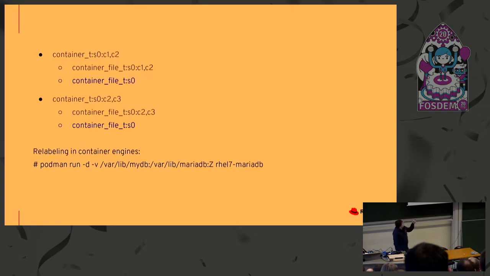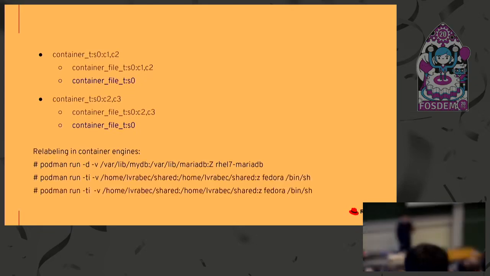That's because of the capital Z here. If you want to have two containers and you want to share the same directory, you can put a small z, which means the engine just relabels this directory as container_file_t with no specific categories.